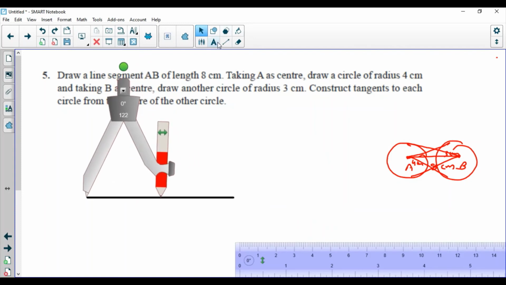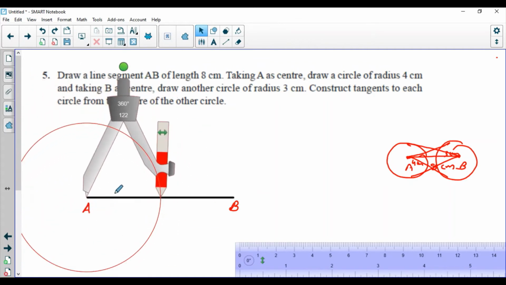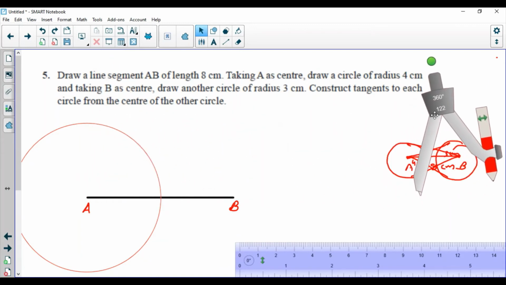This point be A and this point be B. So taking A as center, draw a circle of radius 4 centimeters. Now at this point you can draw the tangents, because here it is similar to question number 1. One center is given, one point outside the circle is given, and from that point we have to draw the tangents. So we'll join AB, that is already joined, right?